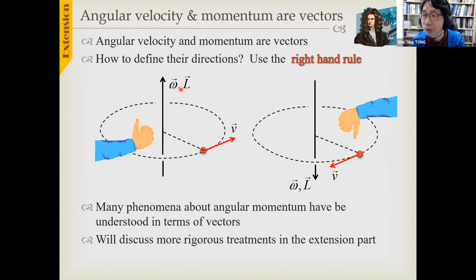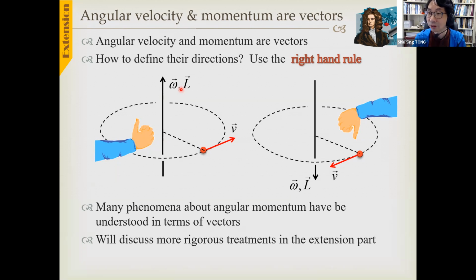That actually means if you have the angular velocity in this direction, along my thumb, the particle actually rotates in the direction of my forefinger. That is a definition. So we can use a vector, omega or L, pointing in the direction of my thumb to denote a rotation.